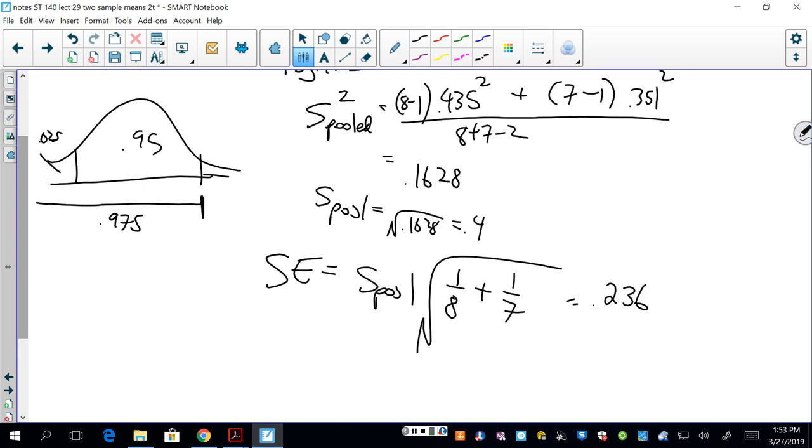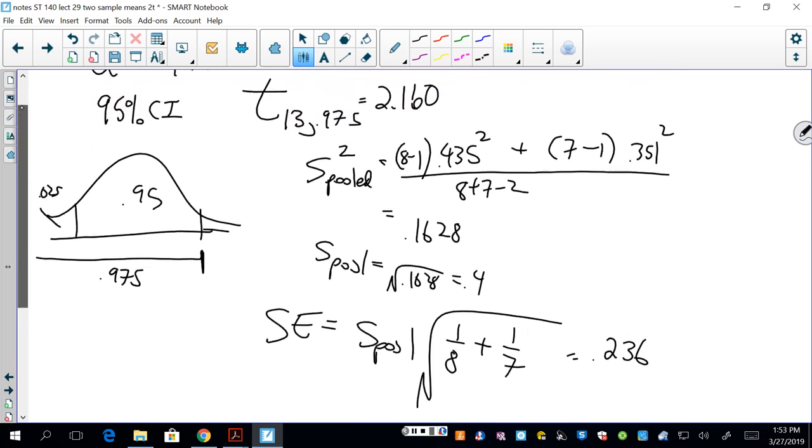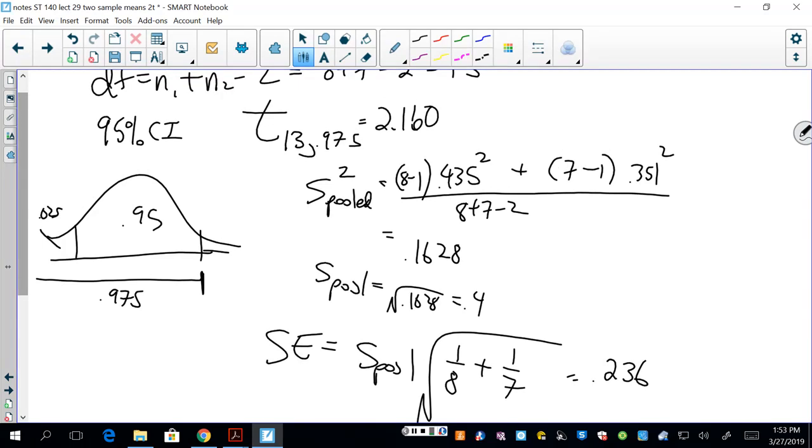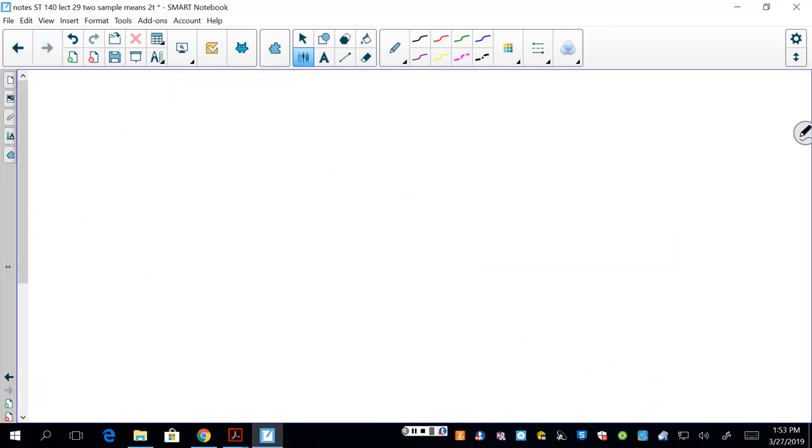We have our average difference from the other page, our t-value, our standard error. So our 95% confidence interval is 0.09 plus or minus 2.16 times that standard error, 0.236.